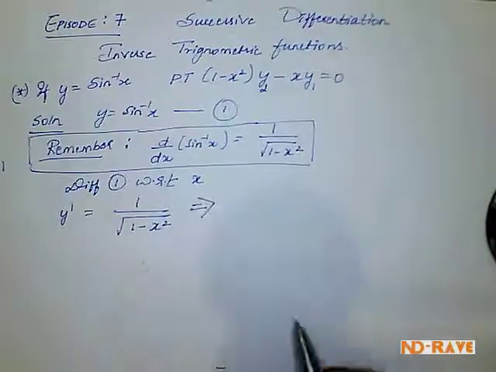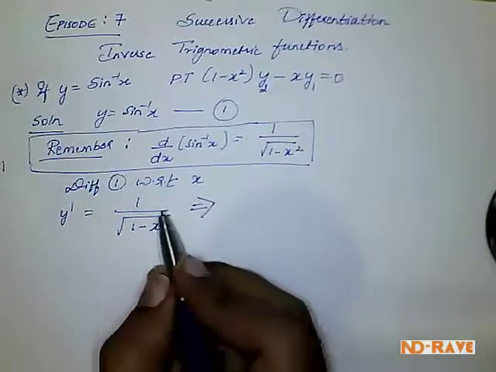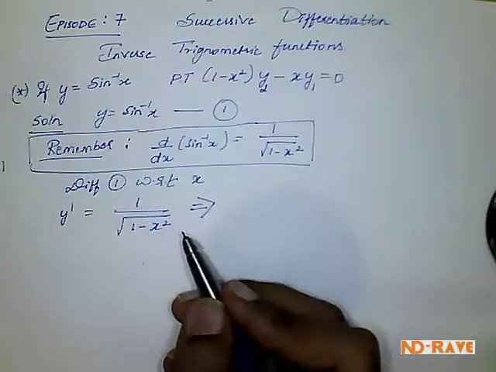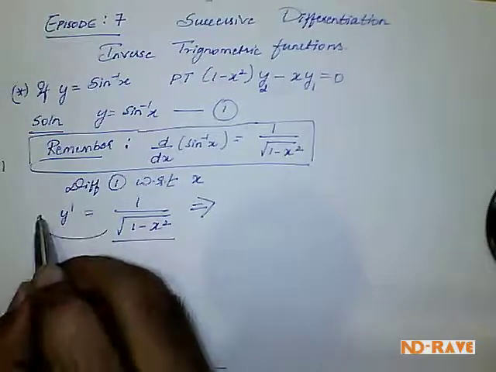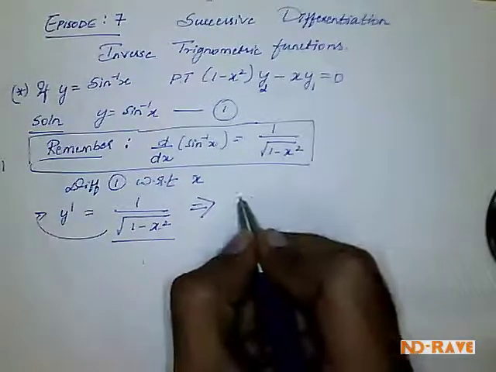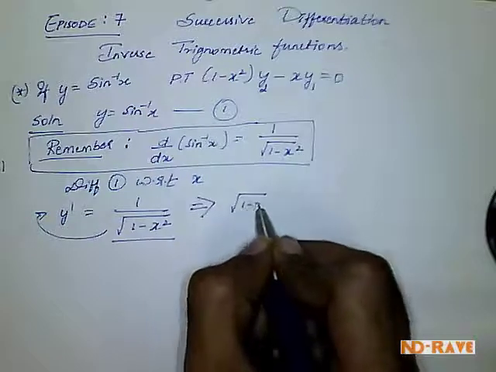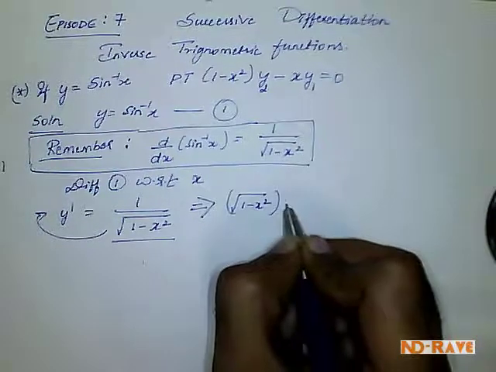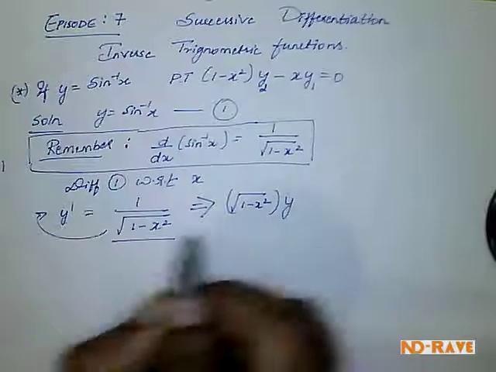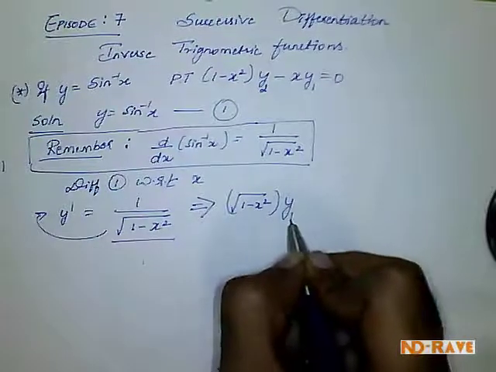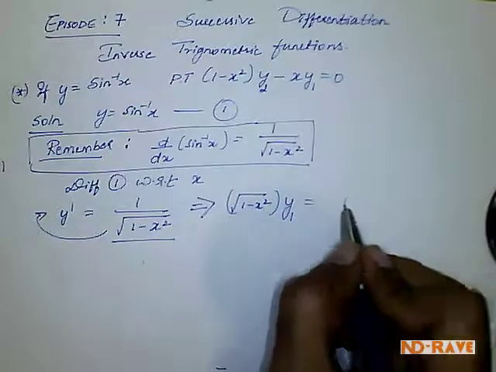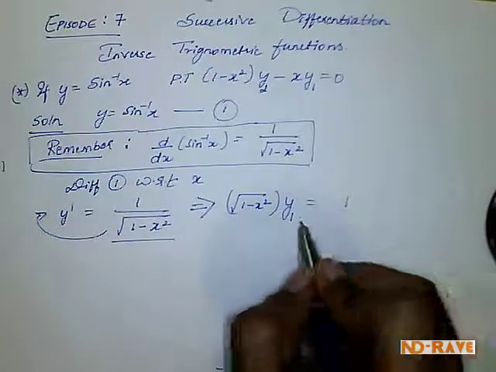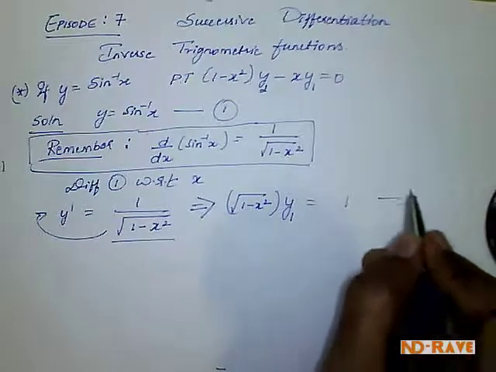So what I'll do now is take the denominator function towards the left hand side of the equation, which gives me root of 1 minus x squared into y dash, or here y dash I consider to be y1, so please note that. So y1 is nothing but the first differential, is equal to 1. So call this particular equation equation 2.